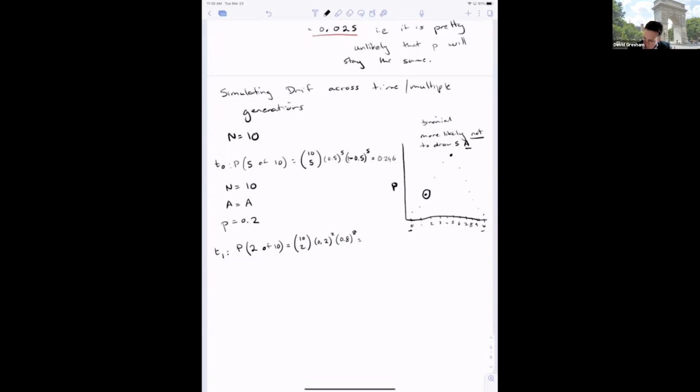And now we can draw our binomial distribution between 0, 1, 2, all the way to 10, but now with probability 0.2, it's going to have some maximal value at 0.2, but all these other possibilities can also occur, and we can compute this probability. We can also randomly draw from this probability distribution and see it's possible that we would get now 6 in the next generation.